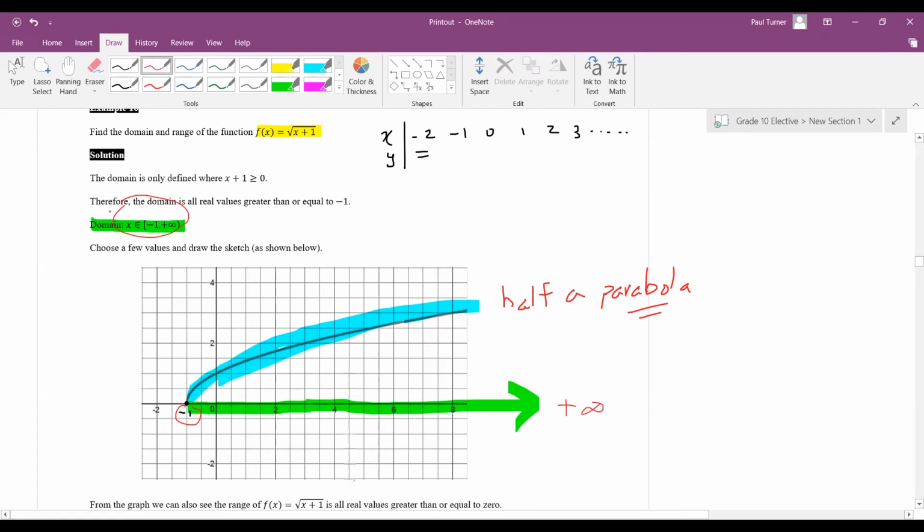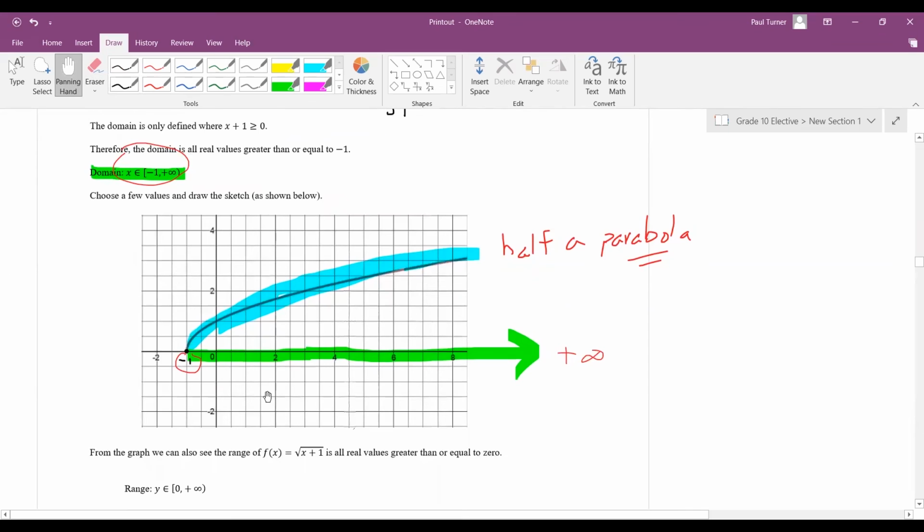So that's your domain. How about your range? So your range is looking at the y values. So now we come from here down to the point. So your range, so y is a member of, from 0, because this is your axis, from 0 to infinity there.